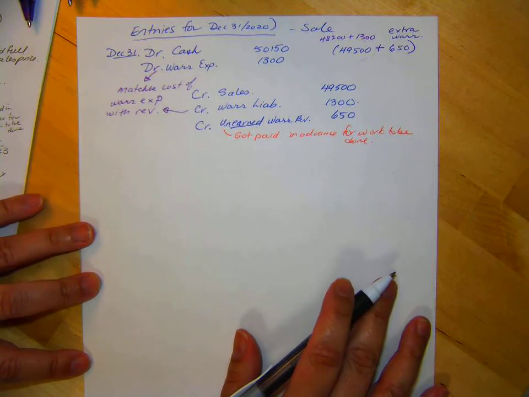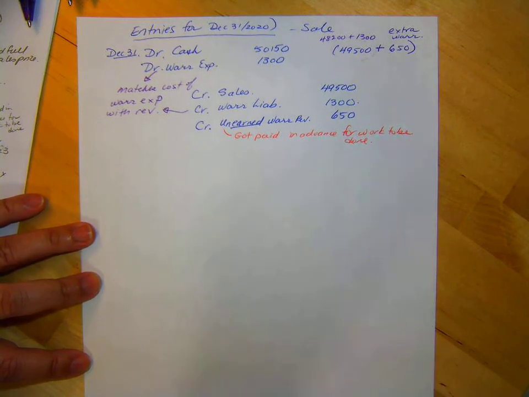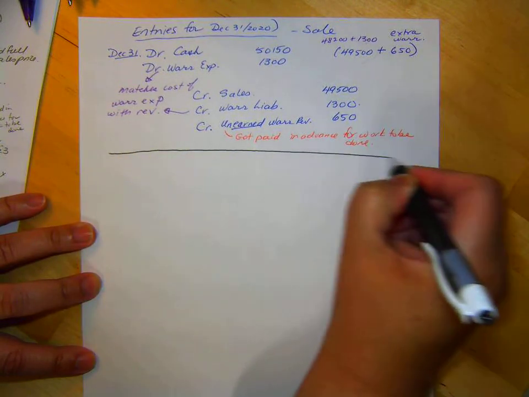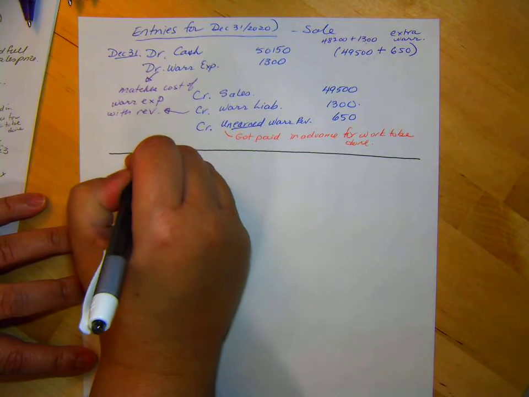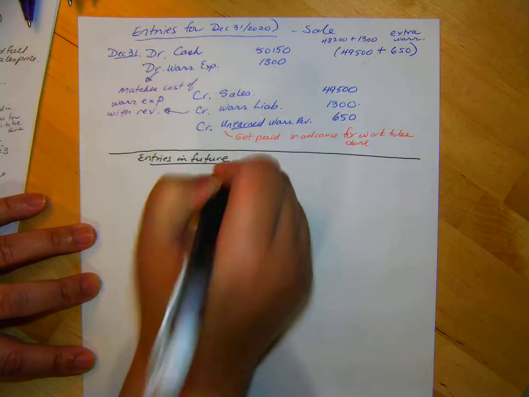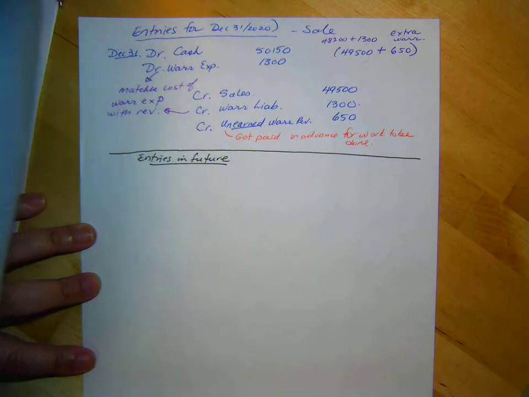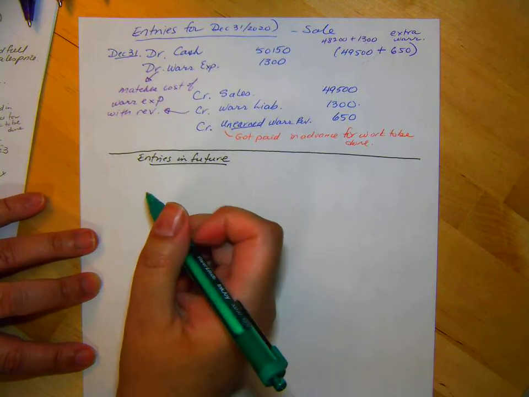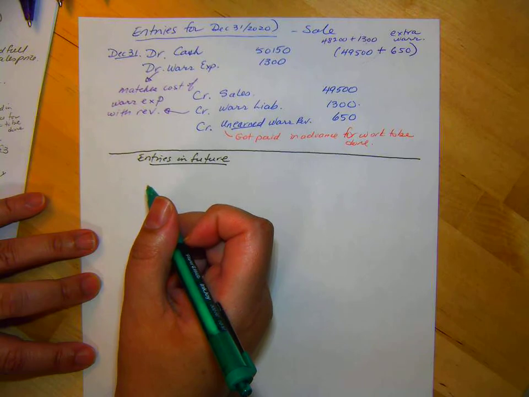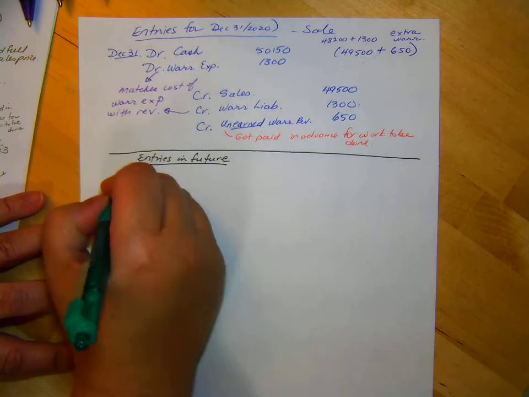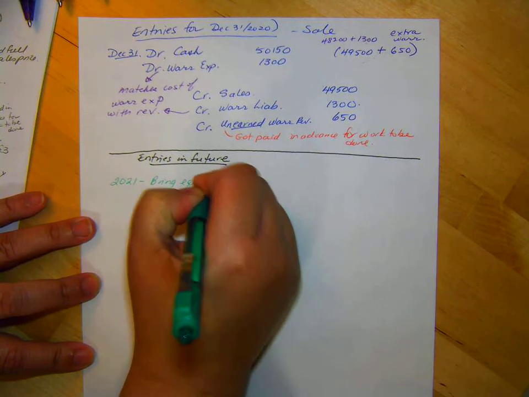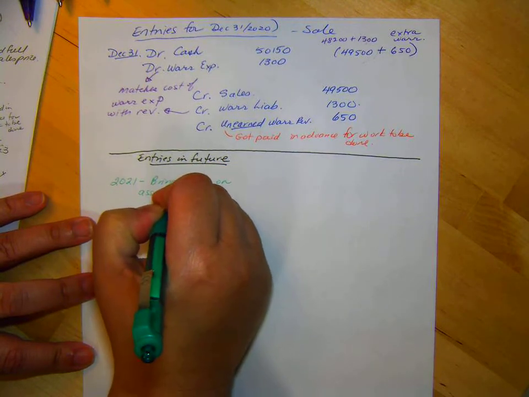So, everybody good? Okay, what I want to do, even though it didn't ask for it, I just want to show you what the entries in the future would be. So, let's say in 2021, yes, we're still using the assurance warranty. They bring in the equipment on the assurance warranty for work.